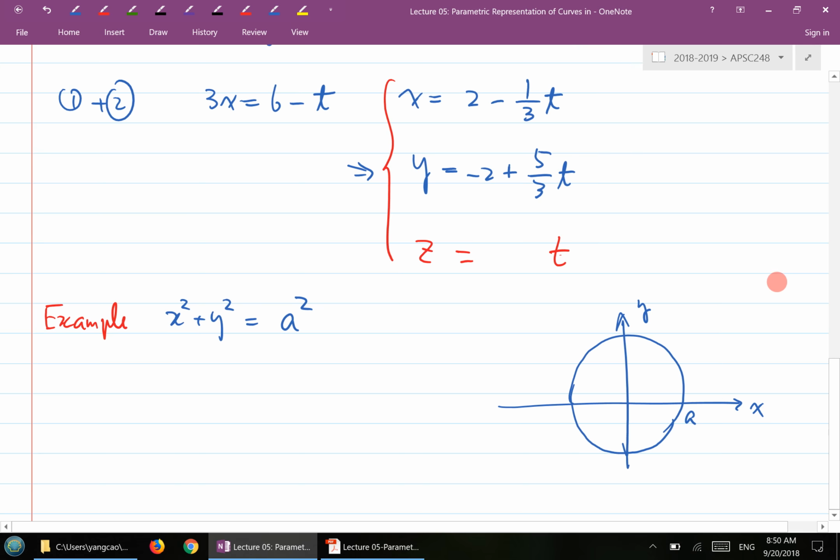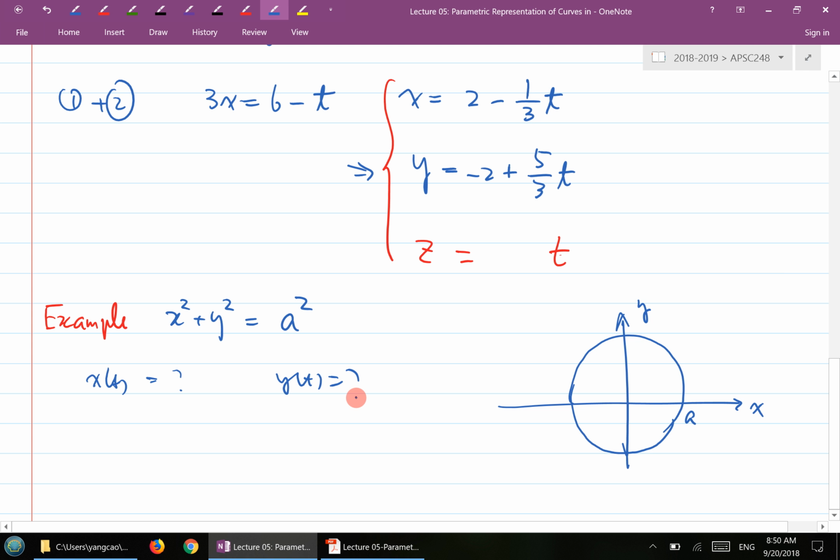The objective here is, can I obtain a parametric representation for this particular circle? Instead of using one single expression, can I use parametric equations? Essentially, what will be x of t and what will be y of t, so that we're talking about the same circle.